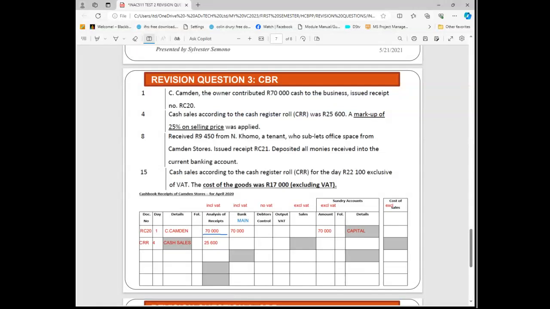Remember the rule? The rule says you only include VAT under the main account, the main column, for all journals.